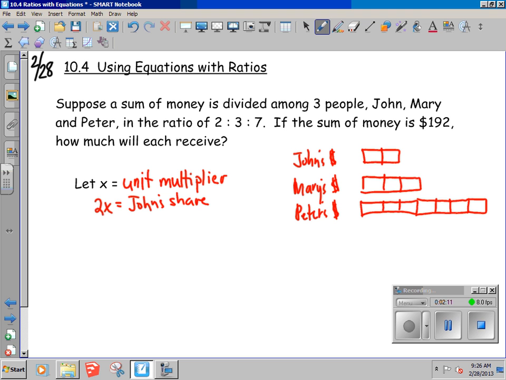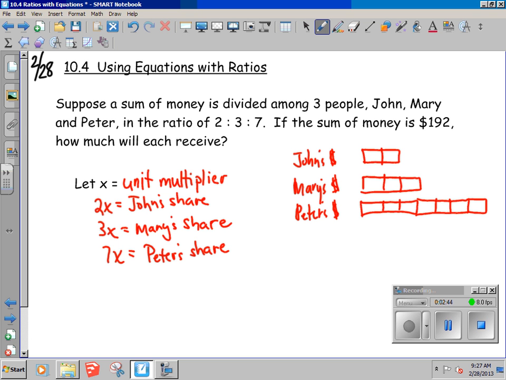And this is how you need to do your homework tonight. Not the bar model, but the algebra and the let statements. What would be an expression for Mary's share? 3x. Good. And what would be an expression for Peter's share? 7x.